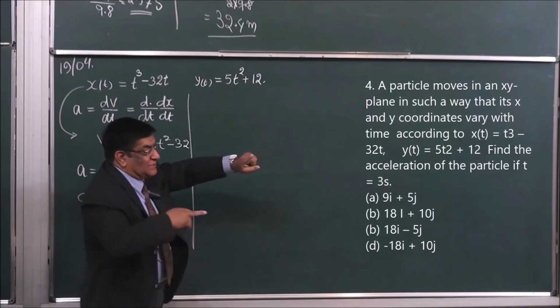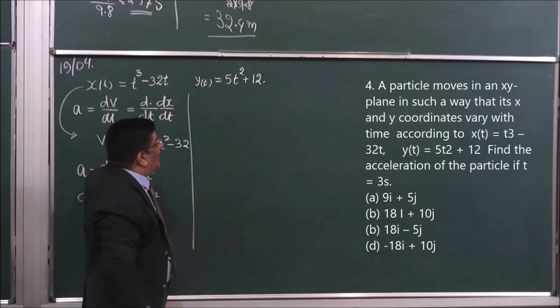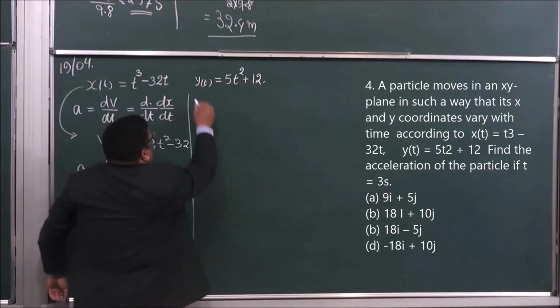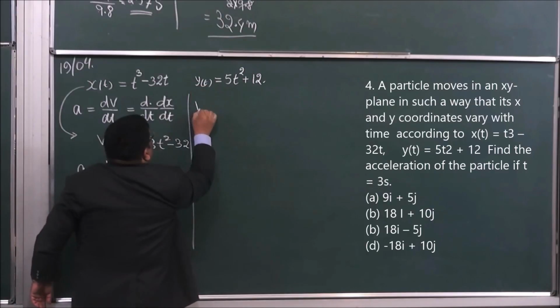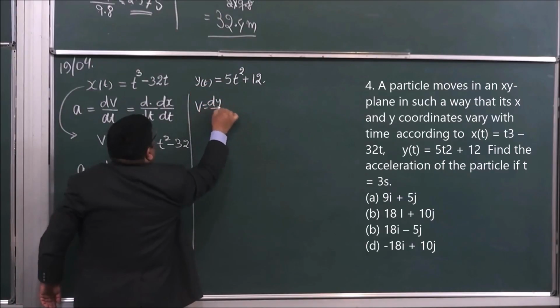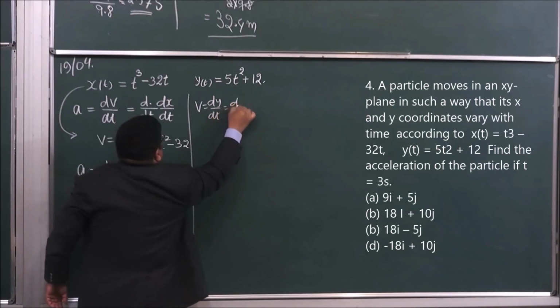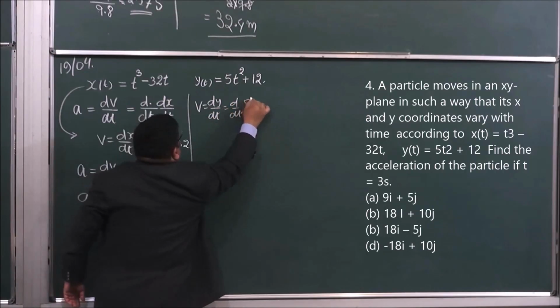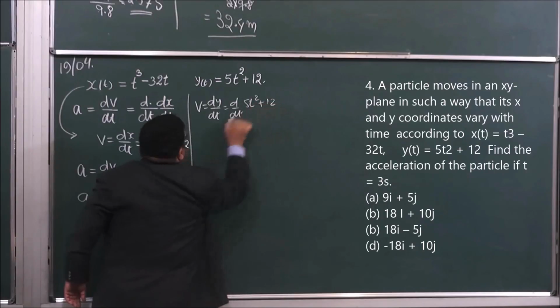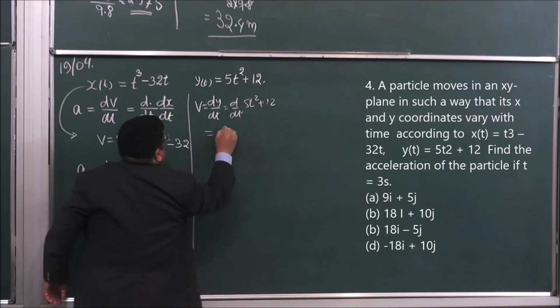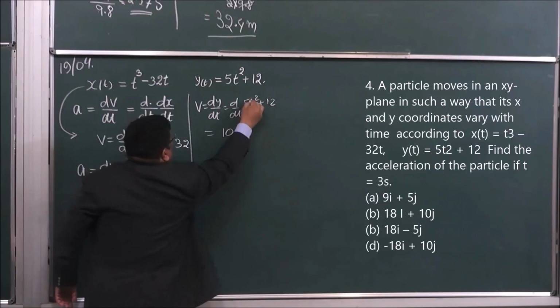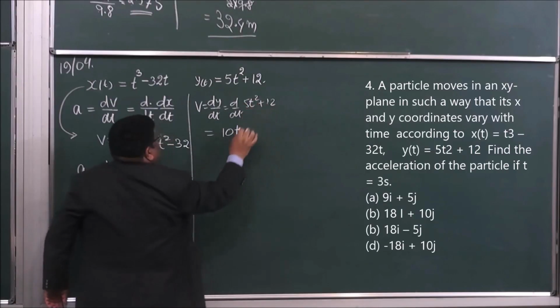ओके, नाउ y की डायरेक्शन में भी वो बॉडी मूव कर रही है, x भी बदल रहा है और y भी बदल रहा है। ओके, तो y की डायरेक्शन में वेलोसिटी कितनी हो जाएगी? dy by dt, दिस इज इक्वल टू dy by dt ऑफ 5t square plus 12 and this is equal to 10t plus 0.